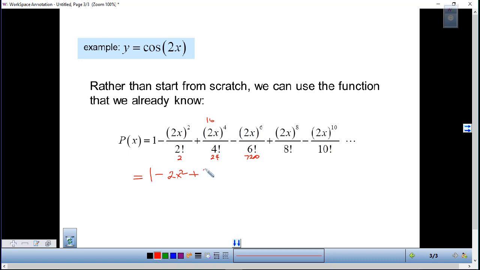That's going to be, what, 2/3? x to the 4th, minus, and then 2 to the 6th power. 2 to the 4th power was 16, times 2 is 32, times 2 is 64. So 64 over 720. And I'm not even going to try to reduce that in my head. But that would be how you would simplify that down if you needed to.